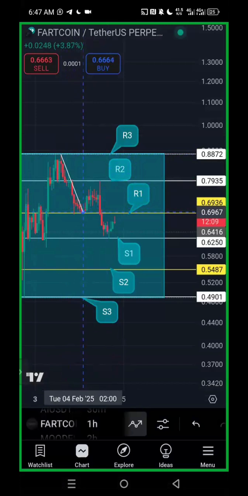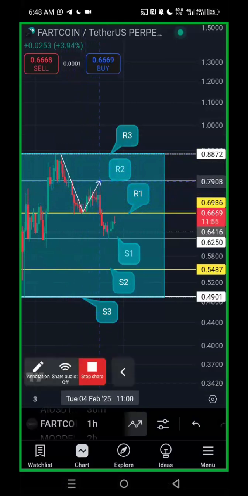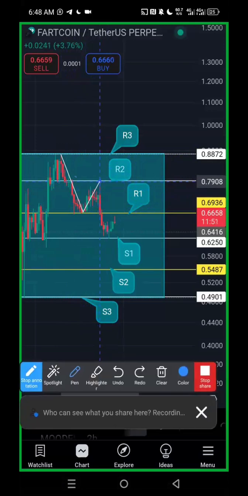We would regard it as a support, right? It broke below that R2 to make it become a resistance. Then it had to come back and retest. It retested, right? Because the break of structure happened here. This was where the break of structure happened. You see that? It happened here.